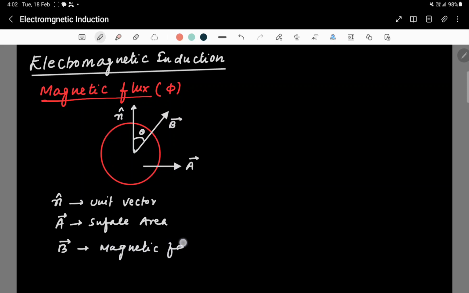Here the angle theta is the angle between n vector and B vector. Yes or no? Yes.